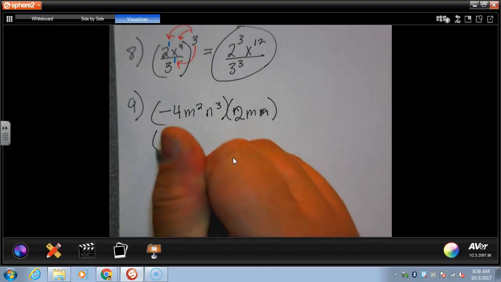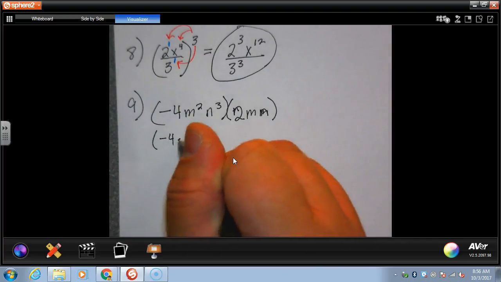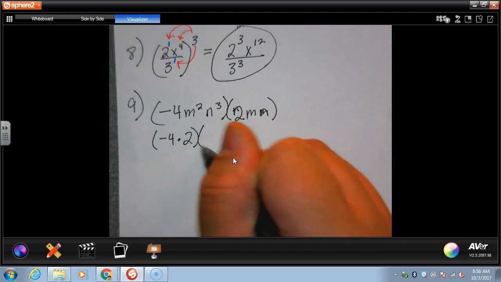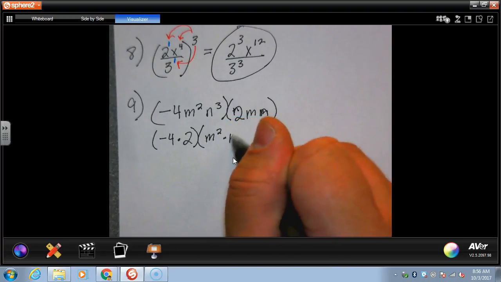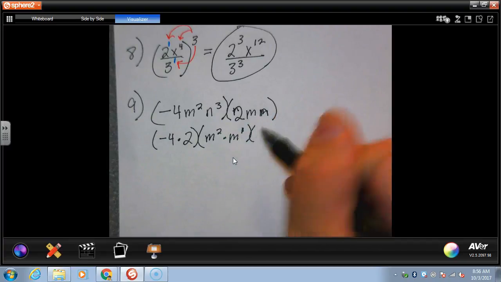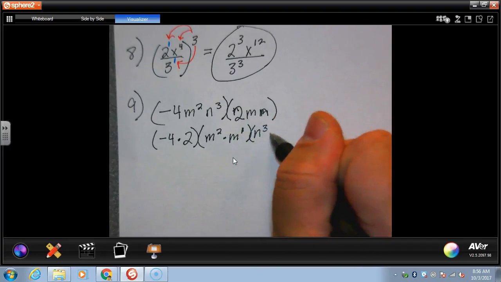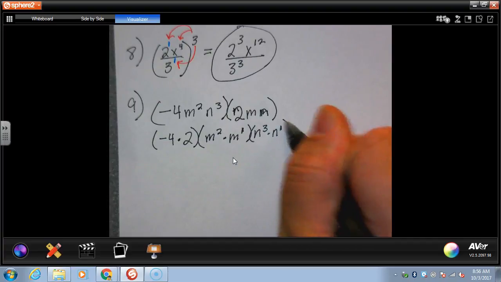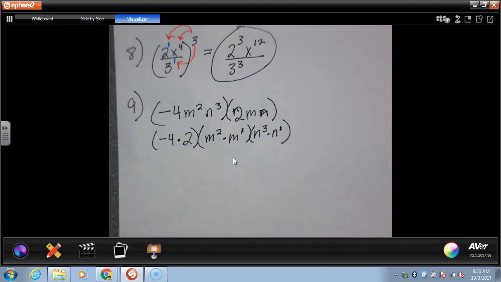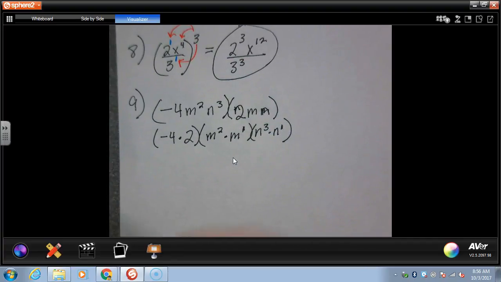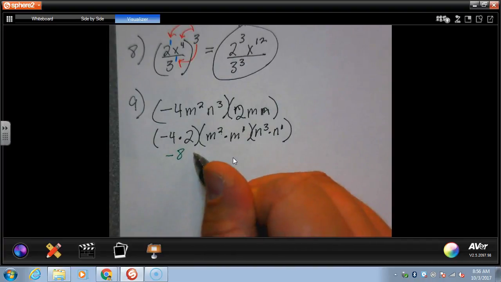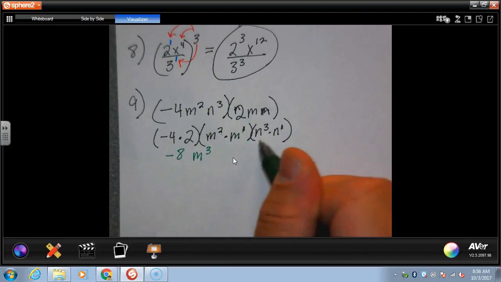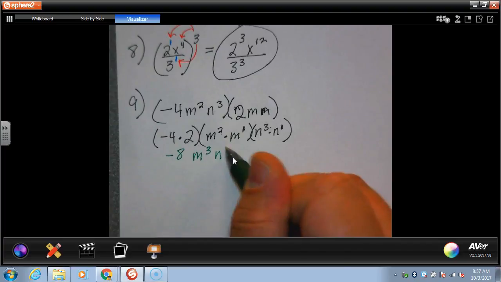Okay, I'm going to put my numbers together. Negative 4 times 2. M squared times m to the first. And n cubed times n to the first. Here I get a negative 8. Here I get a 2 plus 1, which is m cubed. And 3 plus 1 is n to the fourth.